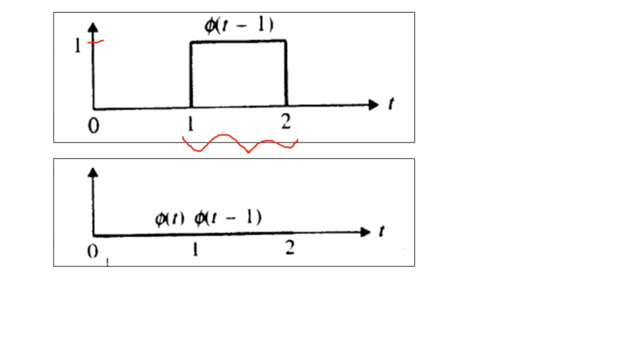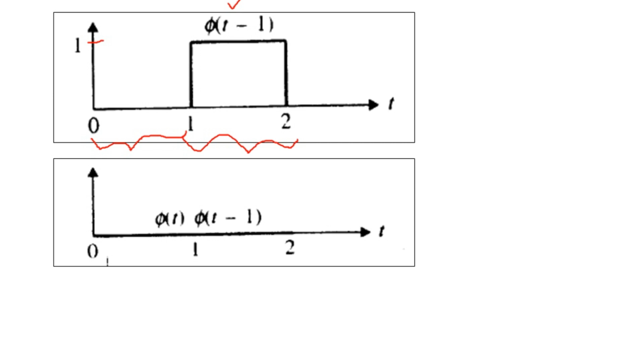If we carry out the multiplication of phi of t minus 1 with phi of t, you can see there is no overlapping between them. So this multiplication and further integration will give you 0 because of the no overlapping here.